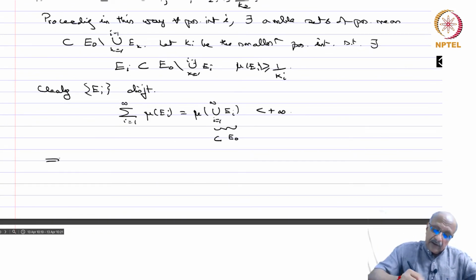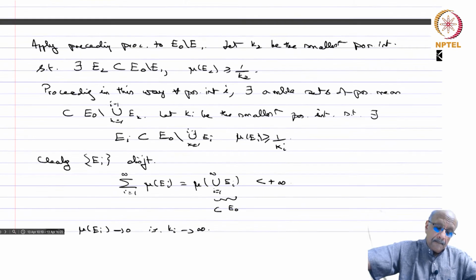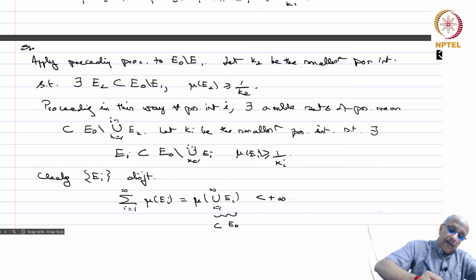So in particular, this implies that mu of Ei goes to 0, that is, Ki tends to infinity. So this is step 3.